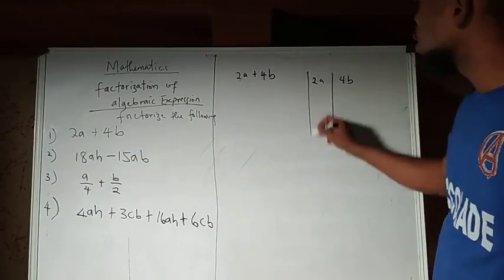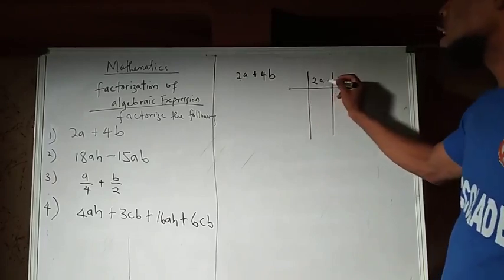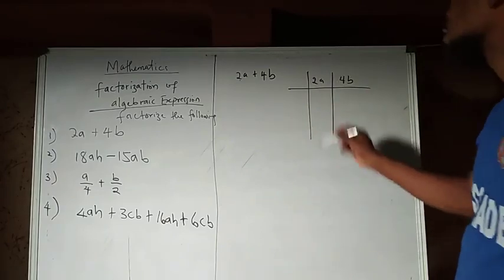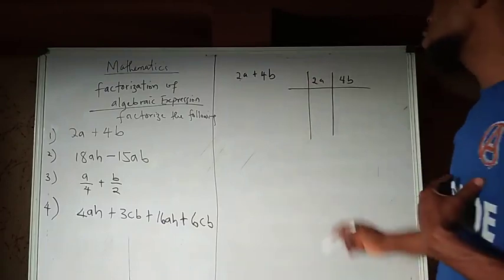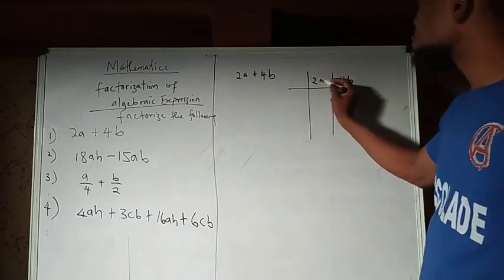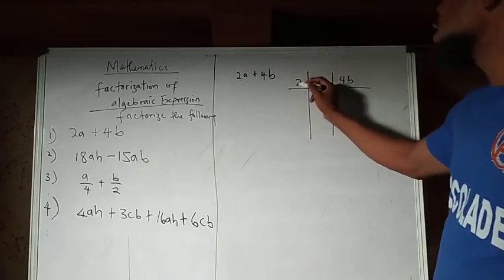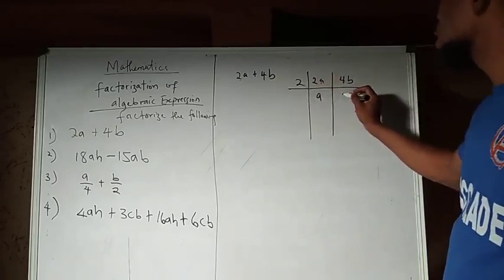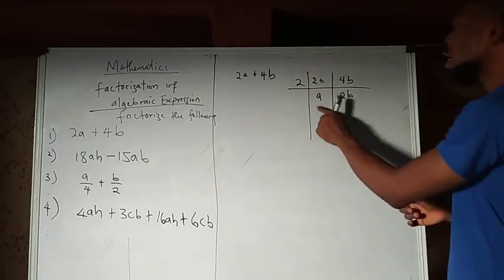Remember, this is how we go about looking for the highest common factor. We look for a number that can divide this and divide this. The number here, I know, is 2, because 2a divided by 2 gives me a, and 4b divided by 2 will give me 2b. Now I have a and 2b.